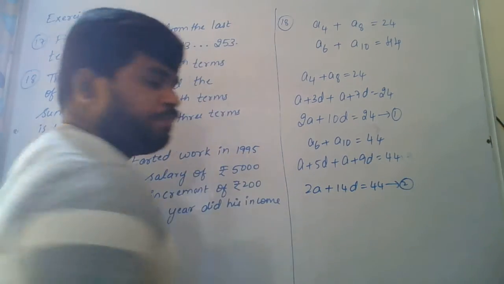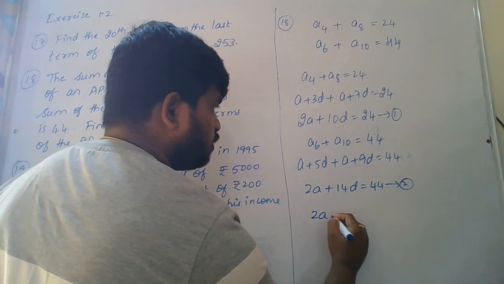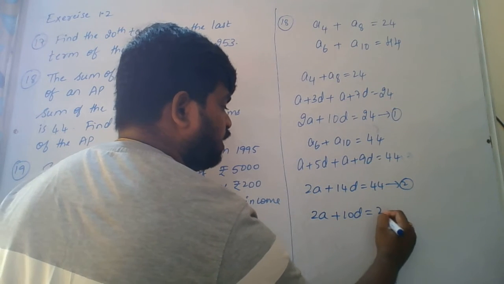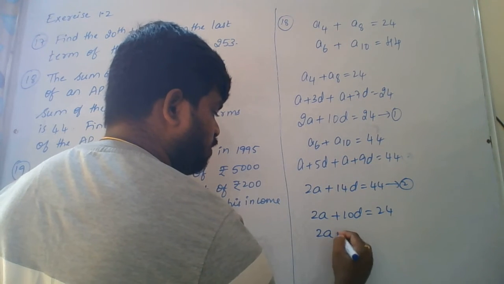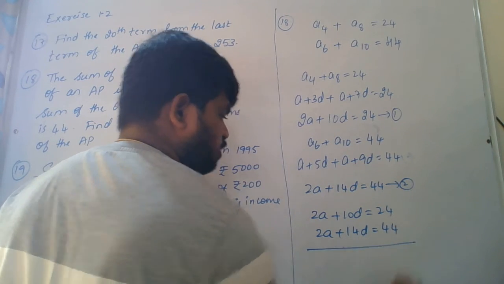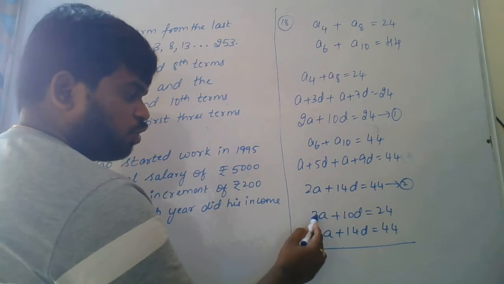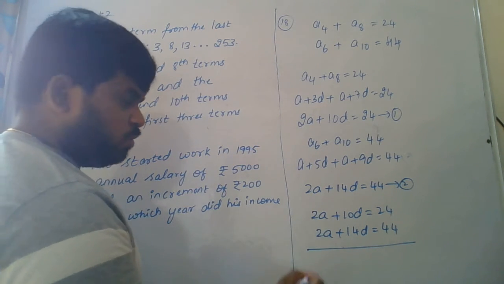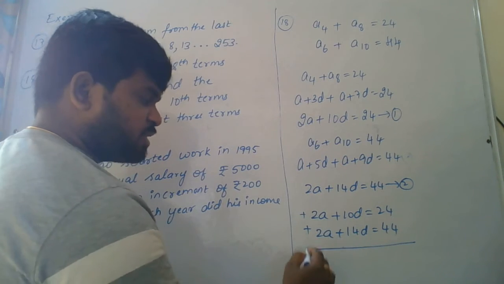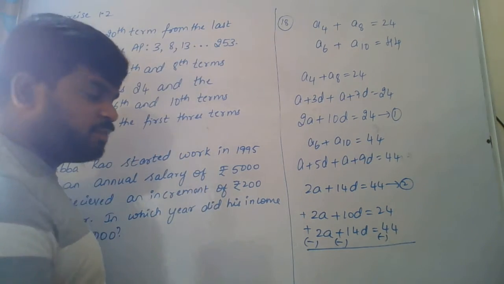Let's solve these two equations by the elimination method. 2A plus 10D equals 24, and 2A plus 14D equals 44. Both the coefficients of A are the same, 2 and 2, and the signs are the same. If the signs are the same, you have to change one: plus becomes minus.